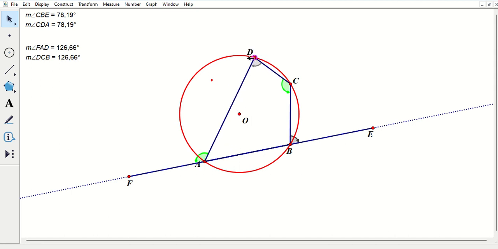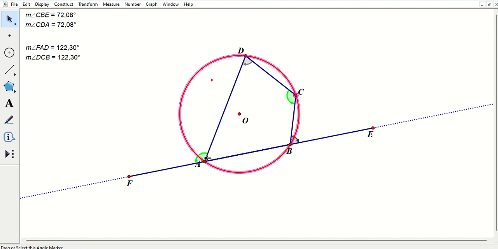So we will always have a relationship that the exterior angle of a cyclic quad is equal to the opposite interior. Remember now we had what? We had opposite angles of a cyclic quad are equal.